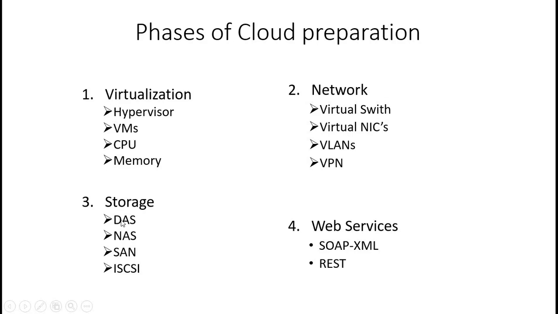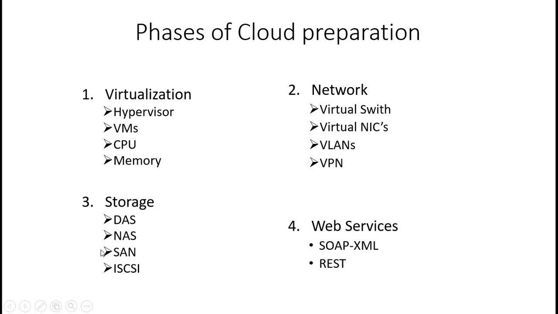We use directly attached storage. We use network as a storage. So all SANs and iSCSI devices and DAS and NAS, everything will come under storage. We all know this part, it was growing as a service.